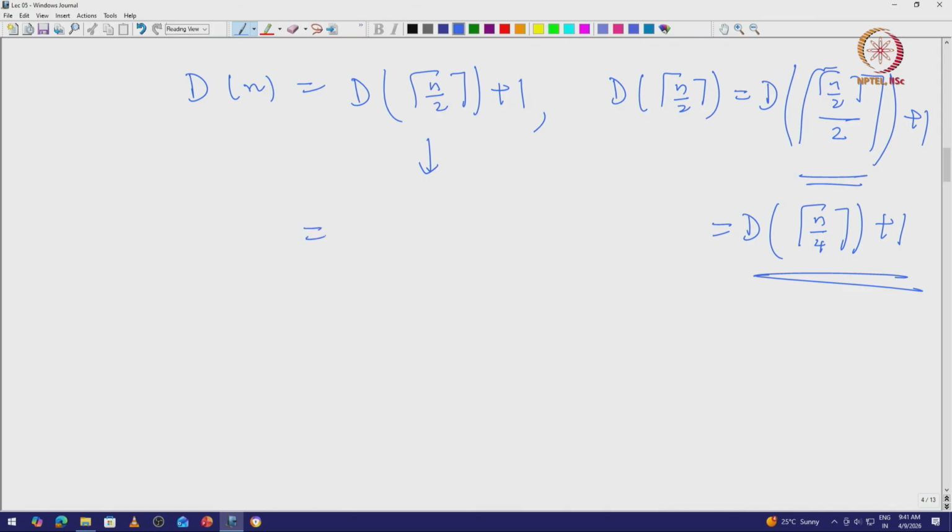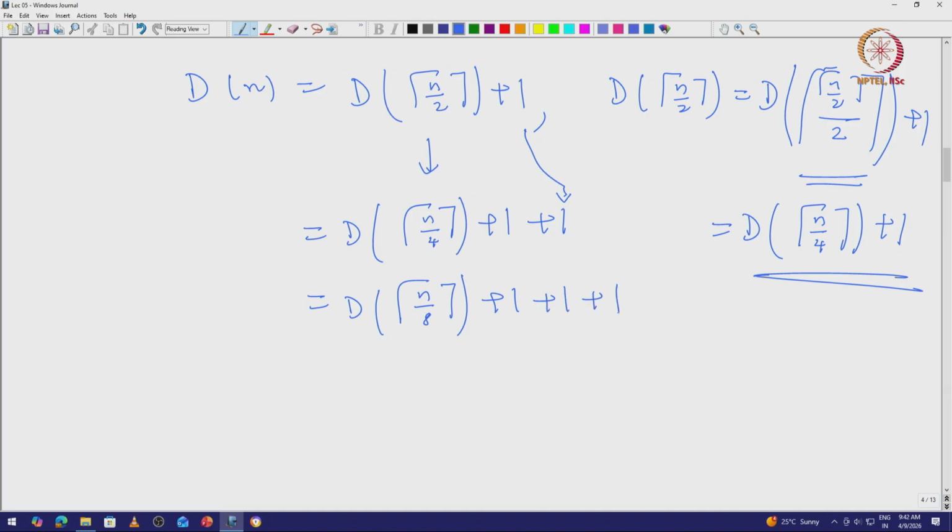So, this is nothing but d of ceil n by 4 plus 1, and this plus 1 which is already here. This plus 1 is written here, d of ceil n by 2. We can continue. This is nothing but d of ceil n by 8 plus 1 and plus 1. That is because d of ceil n by 4 is d of ceil n by 8 plus 1.